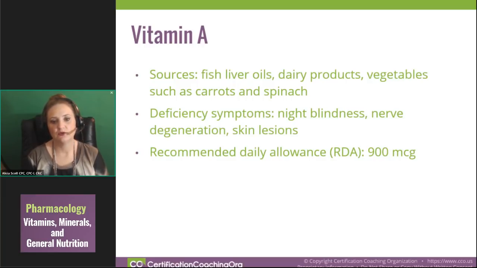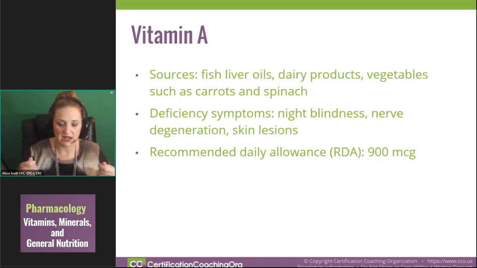So again, with vitamin A, the deficiencies are going to show up through our eyes mostly. Skin lesions too, but for the most part, think of vitamin A as coming from the oils, fish oils, and dairy products. I always think of vitamin A as something that keeps us lubricated, and our nervous system.